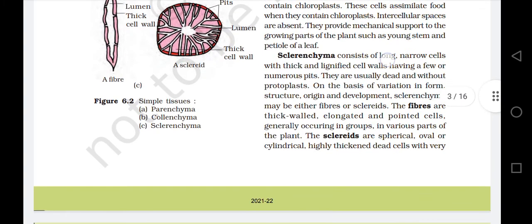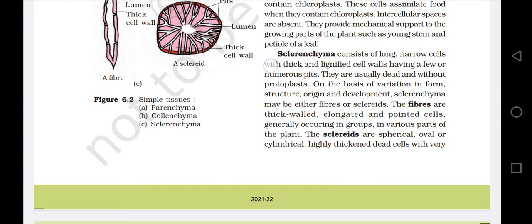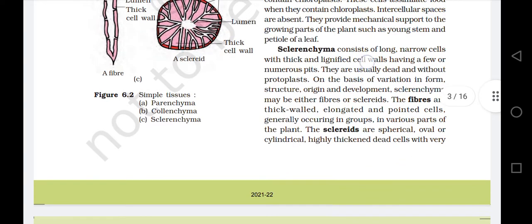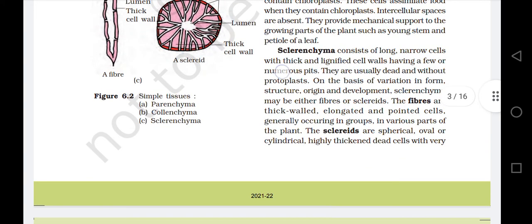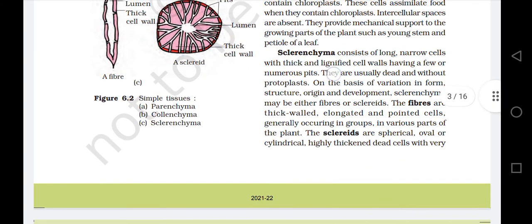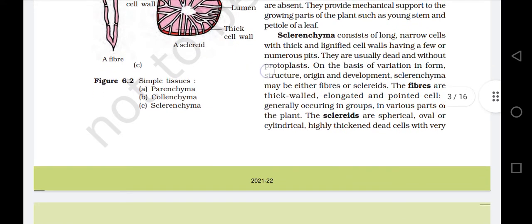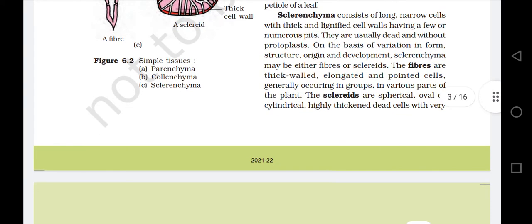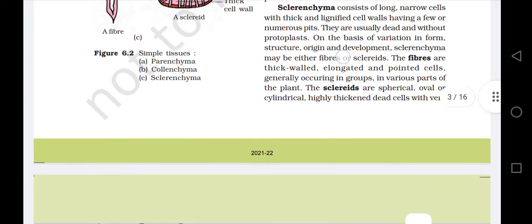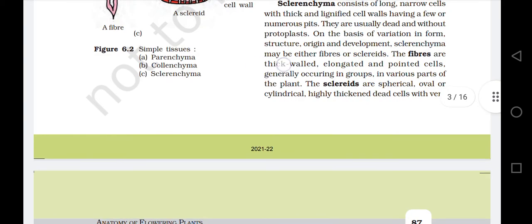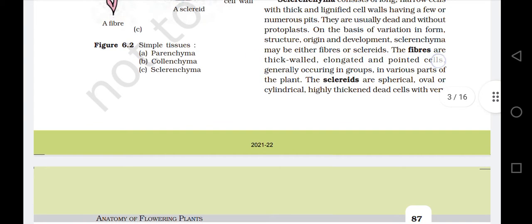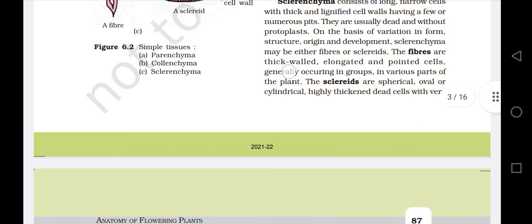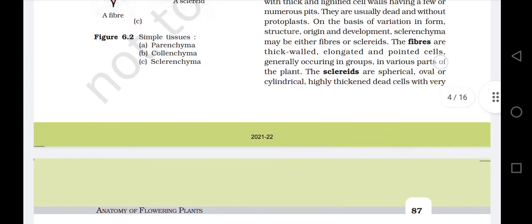Sclerenchyma consists of long, narrow cells with a thick and lignified cell wall having a few or numerous pits. They are usually dead and without protoplasts. On the basis of variation in form, structure, origin, and development, sclerenchyma may be either fibres or sclereids. The fibres are thick-walled, elongated, and pointed cells, generally occurring in groups in various parts of the plant.